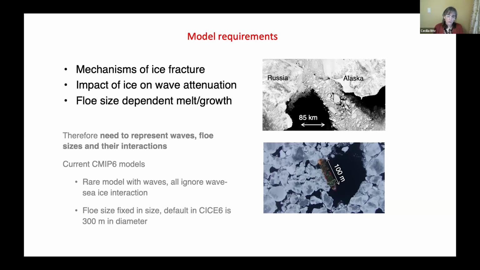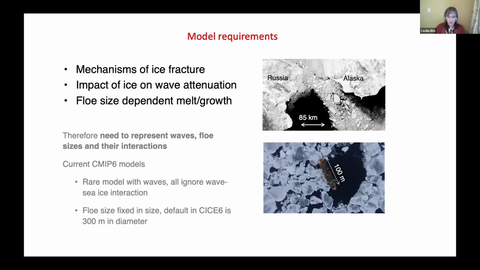There's at least one Earth system model that I know of that had waves, but they did not go into the sea ice at all. So they had no ice-wave interaction. Now, what I did many years ago in CICE was put in a placeholder for a floe size model, but I set all the floes equal to 300 meters in diameter.